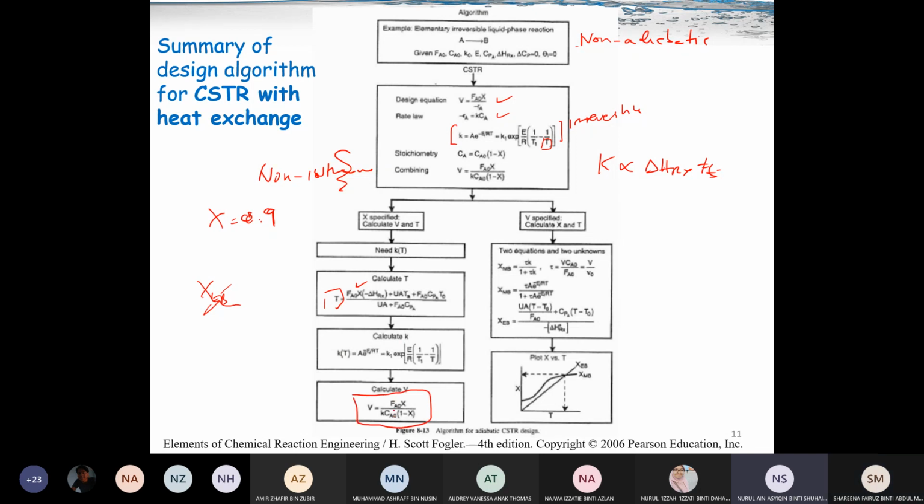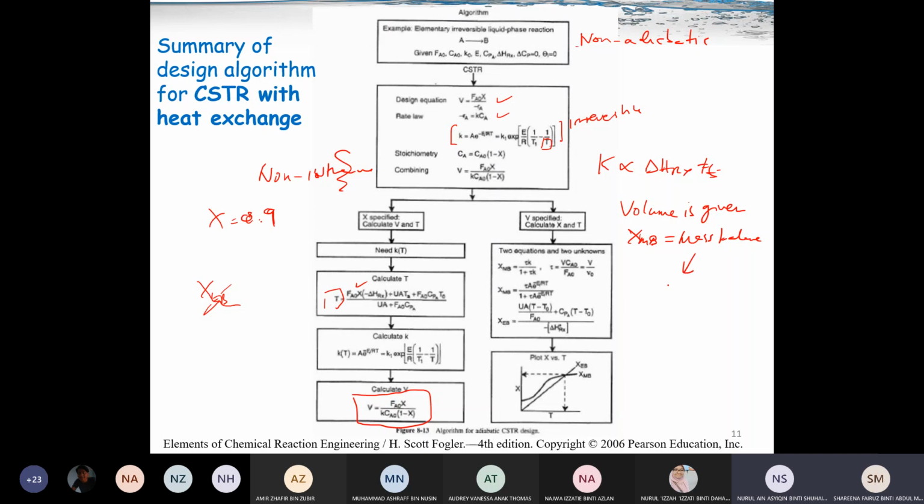Okay, alright. Okay, this one, let's say if the V is specified, volume is given. Okay, so bila volume is given, you kena start lah dengan mole balance XMB. Okay, remember this is a conversion from the mole balance. So how do you get the mole balance?